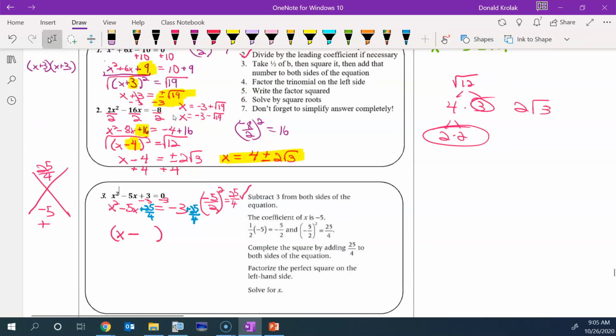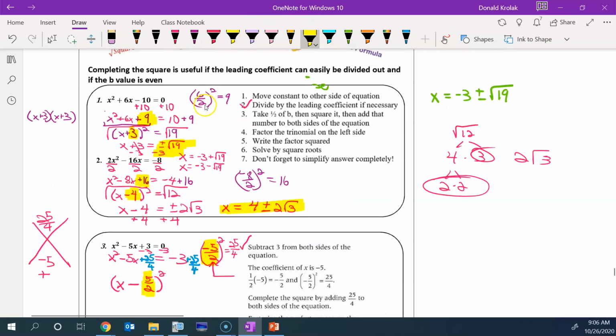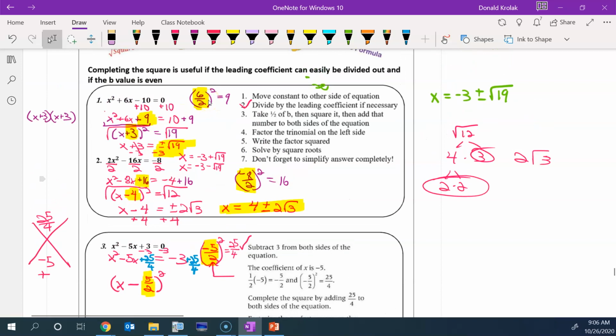So that's 25 over 4, so the square root of that is 5 over 2. It's whatever you got when you cut this in half. That's how you know it goes there. This 6 divided by 2 goes right there, and negative 8 divided by 2 goes right there.